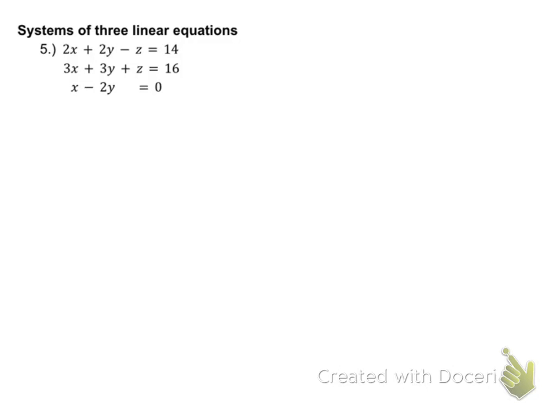You just combine them in some way to lose a variable. When we have a system of 3 linear equations, you will actually have to do it in 2 rounds. First round gets rid of a variable. The second round gets rid of another variable. So you are down to 1. So you just keep on going.